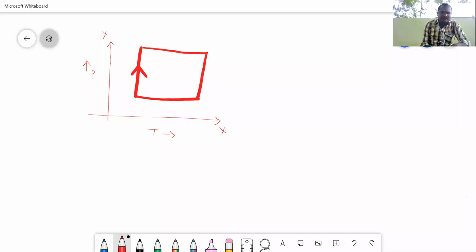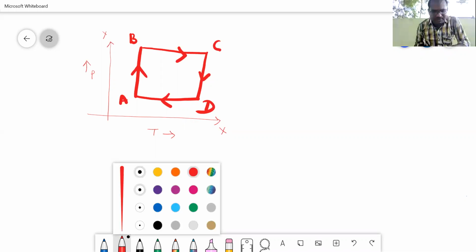Let us suppose there is a process which is going like this from A to B, C, and D. This is a process.